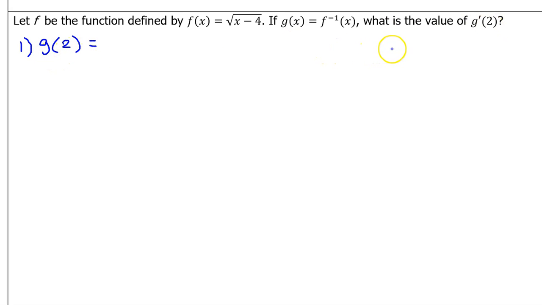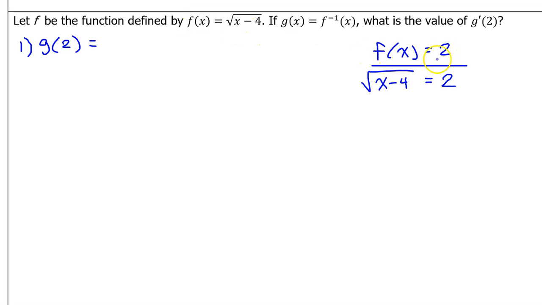In order to find the inverse at 2, you ask yourself f at what is equal to 2. Since we have an equation and not a chart, let's go ahead and put a variable in here. So we need to solve the equation f at x equals 2 for x. F of x is the square root of x minus 4.